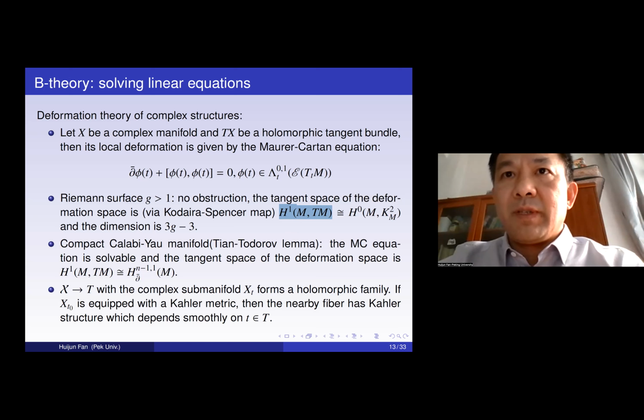Because K_M is a positive line bundle, you have the vanishing theorem, and then use the Riemann-Roch theorem. You can compute the dimension of this deformation space. This is just 3g minus 3. So this is a first example.